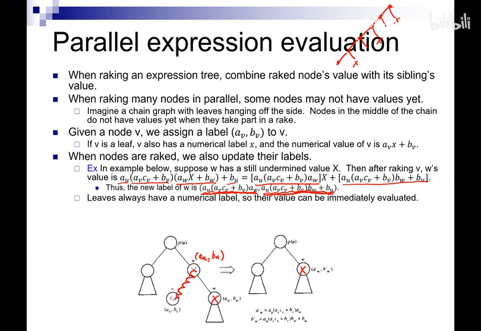If we do this, then we can ensure that the actual numerical value for W is the same after raking as before raking. That way we keep the actual values of all the nodes until eventually we're down to like 3 nodes, and then we can just compute the final value of the expression tree directly.